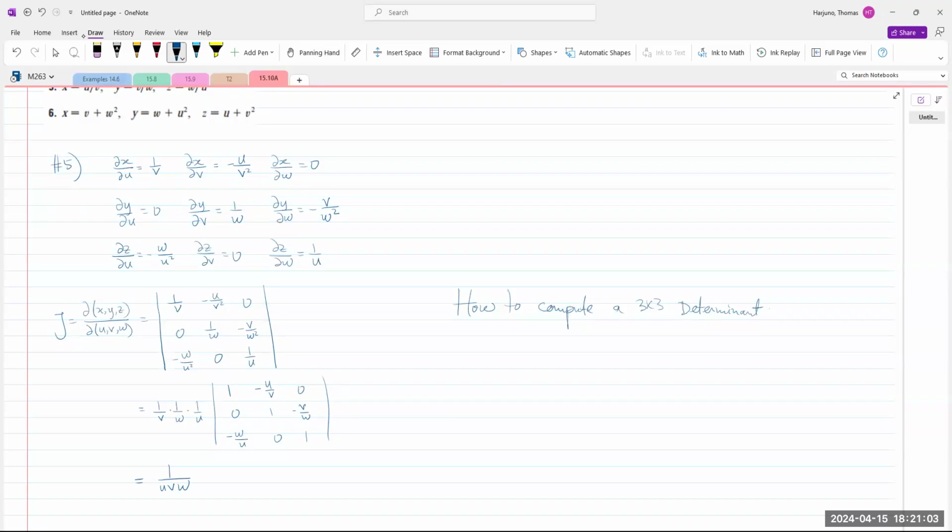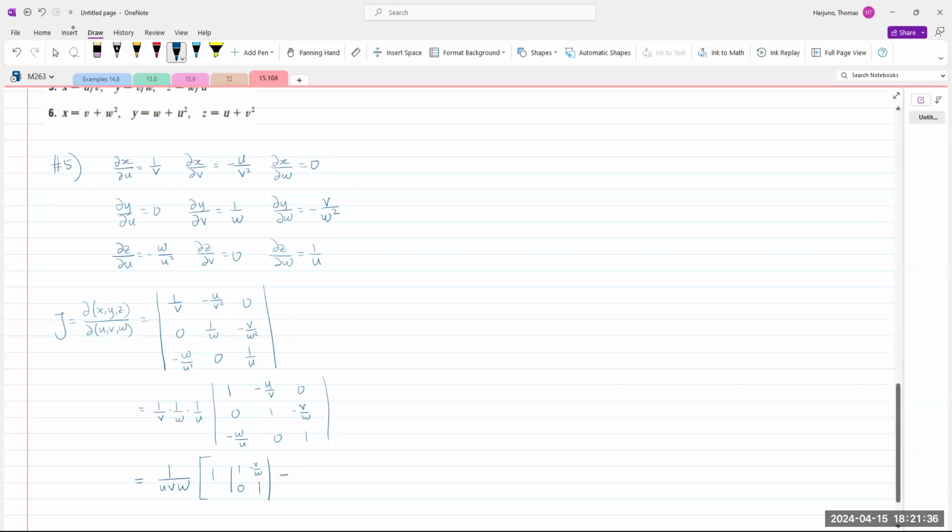The first 6 ways are basically doing expansion. The one I taught you at the beginning of this course, we did the first row expansion. Remember the cross product thingy, right? We use the first row expansion. Let me remind you how to do that. That will be 1 times the determinant of 1, negative phi over w; 0, 1.